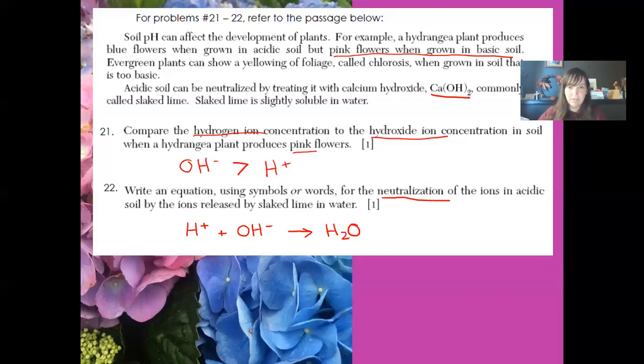Or if you wanted to do it in words, you could say acidic soil ions plus slaked lime base make water and a salt. Neutralization.